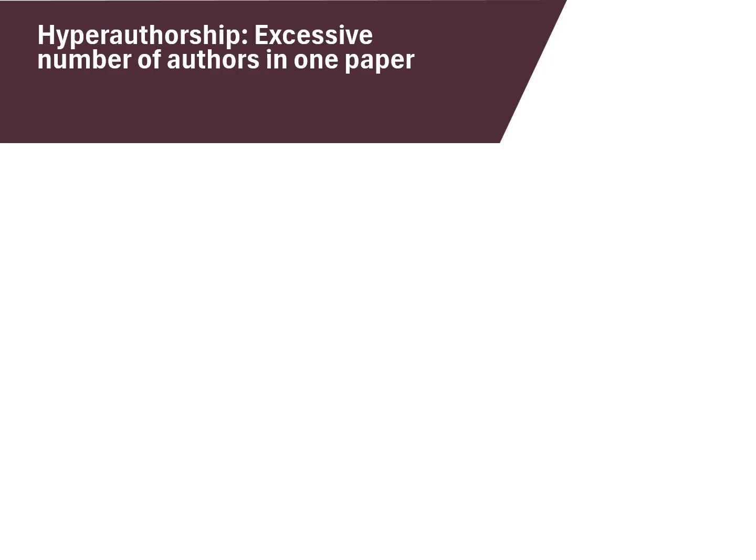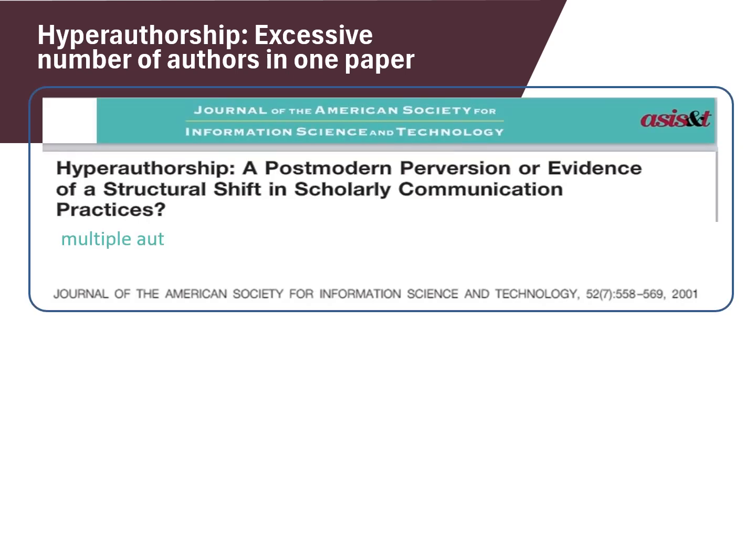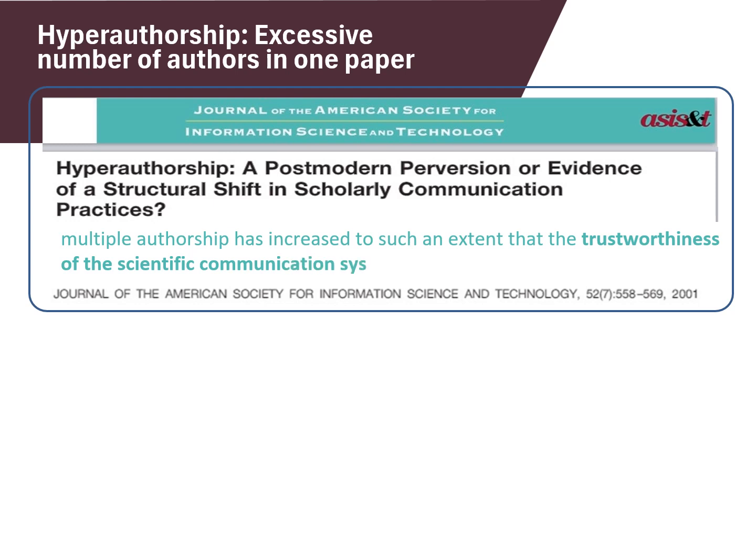The task of assigning the right position for an author is not easy and even complicated when the number of authors in multi-author papers exceeds beyond normal practice. Multiple authorship has increased to such an extent that the trustworthiness of scientific communication system has been called into question, and such hyperauthorship phenomenon was labeled as a postmodern perversion.